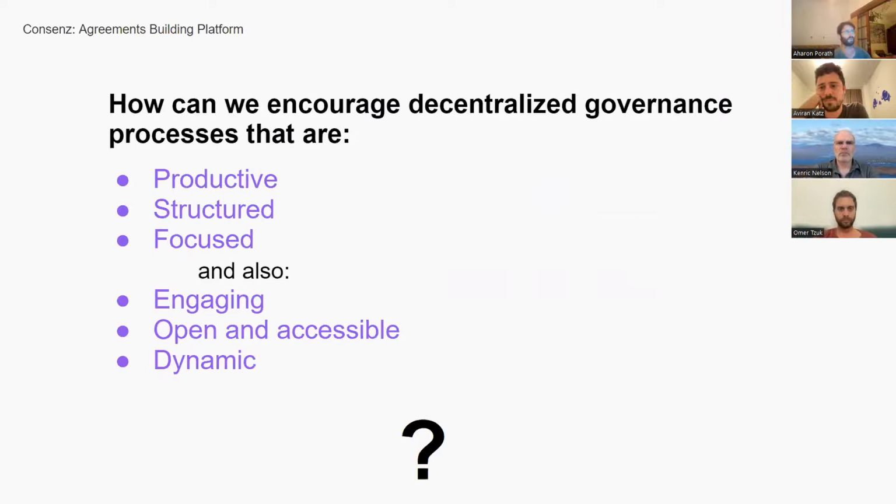The main challenge this is aimed to solve is how we can create and encourage decentralized governance, decision-making processes, discussions, etc., that are productive, not just discussion for discussion, but there is a product that can be used for decision-making.